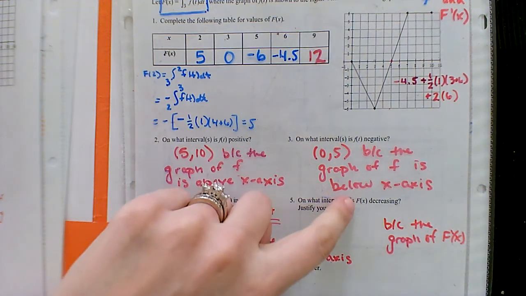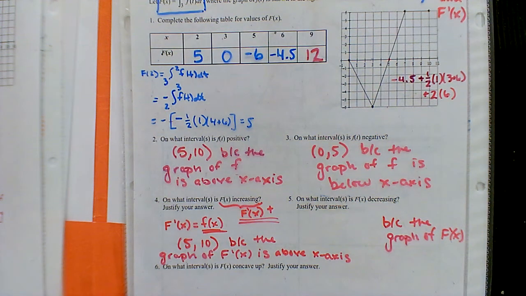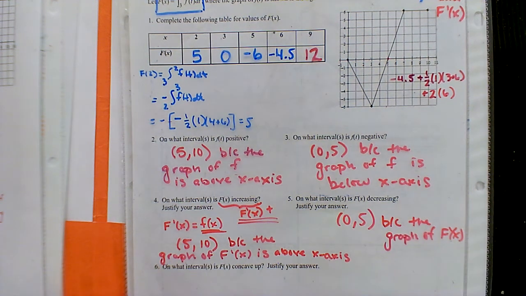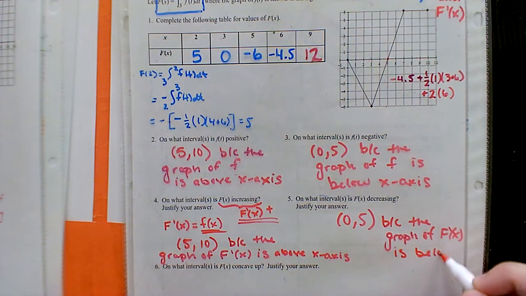Notice how they're asking us about capital F, so we should have some type of justification with a capital F. Can we fill in that interval and justification? 0 to 5, because the graph of capital F prime is negative, or you could say below the x-axis.